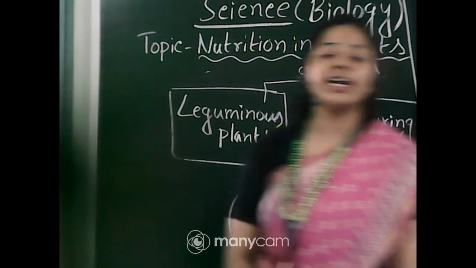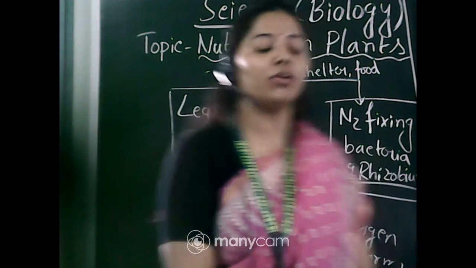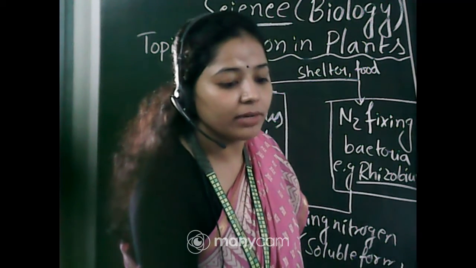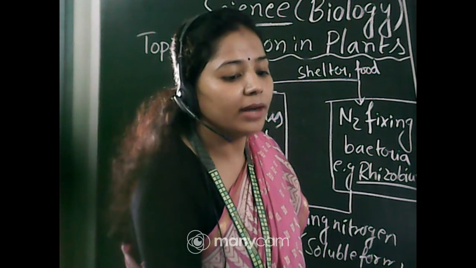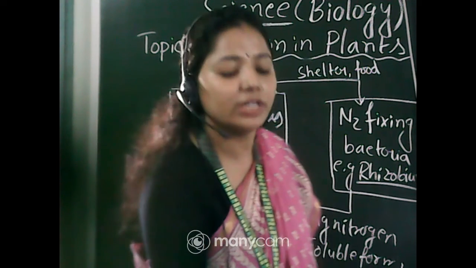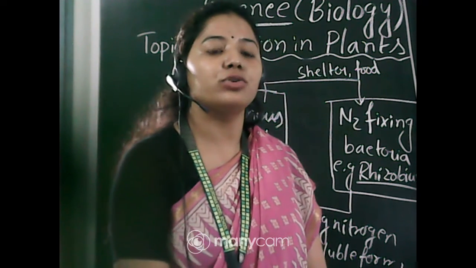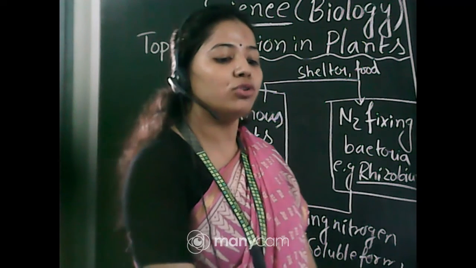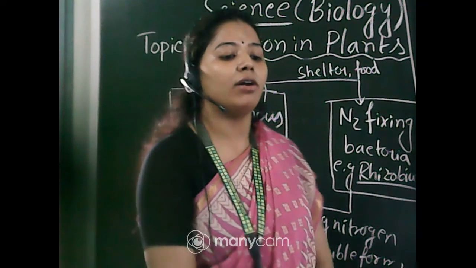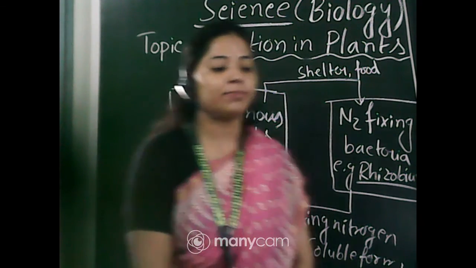Now what is the great significance for the farmers? How does this association help a lot? They actually reduce the expenditure of farmers. How? They can reduce the use of nitrogenous fertilizer when leguminous plants are grown, as there is already nitrogen and nitrogen fixing bacteria in the soil. Most of the pulses are obtained from leguminous plants, that you know.